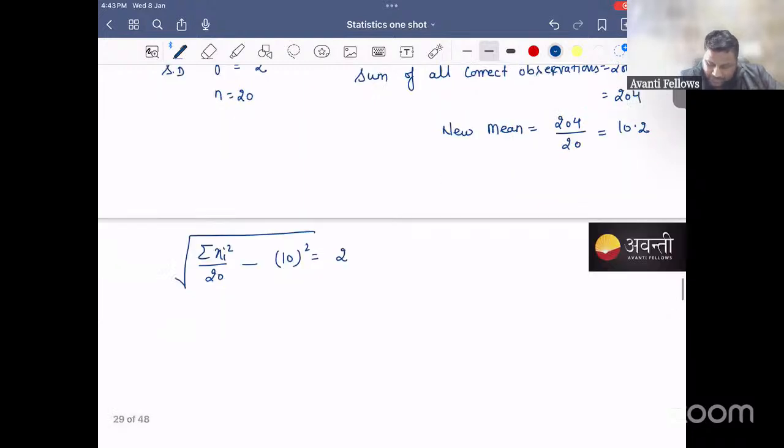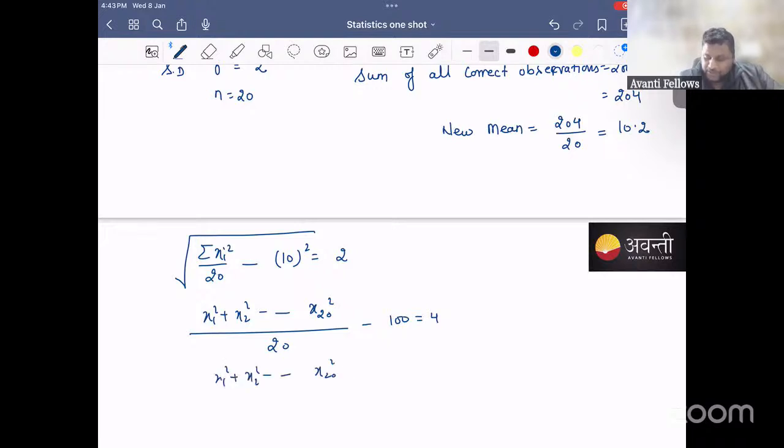That means x1 square plus x2 square and so on up to x20 square, whole divided by 20, minus 100 is going to be 4. So x1 square plus up to x20 square is 104 into 20, that is 2080. Am I correct?